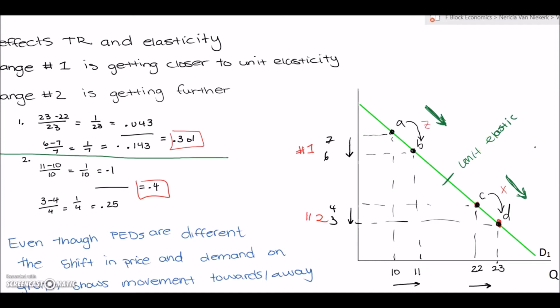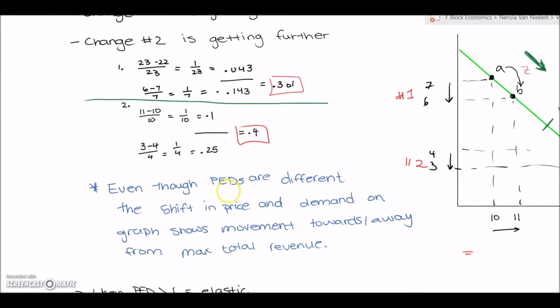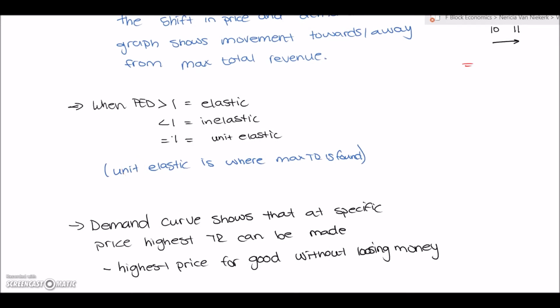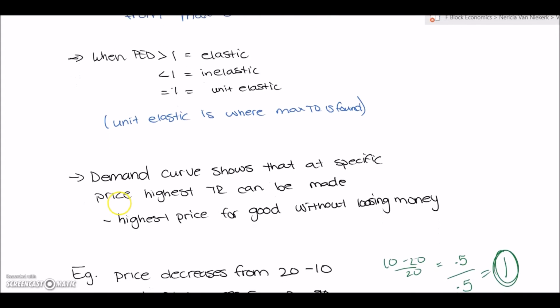Because C to D is moving away from unit elastic, it's becoming more inelastic and therefore decreasing total revenue that can be made. The demand curve shows that at a specific price, the highest total revenue can be made. This is where the highest price for a good is made without losing much money.